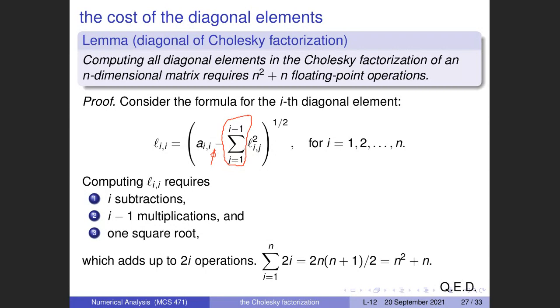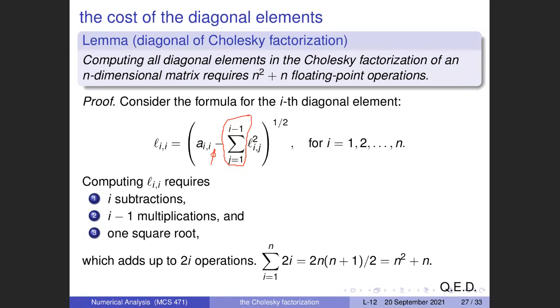So we have i subtractions. Then we do i minus 1 multiplications, and we have 1 square root. So that's the inner sigma. So what is it for one diagonal element? We have n diagonal elements. So we will do that many operations.